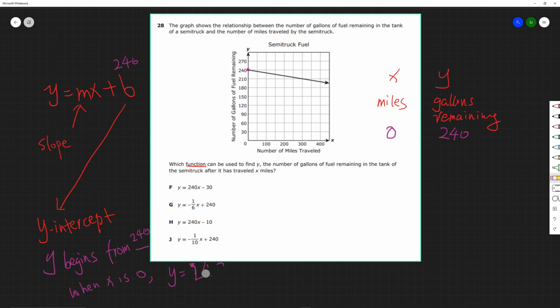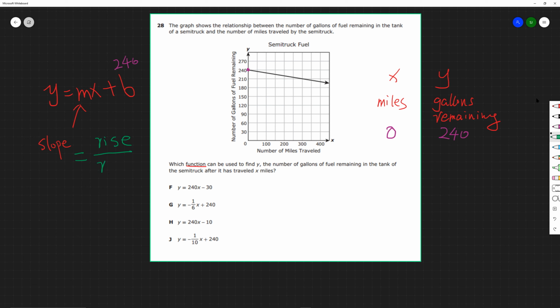Okay. Now we need to find out the slope. So what is the meaning of slope? Slope on a graph, we say it's the rise over run, or it equals the vertical difference between 2 points divided by the horizontal difference.